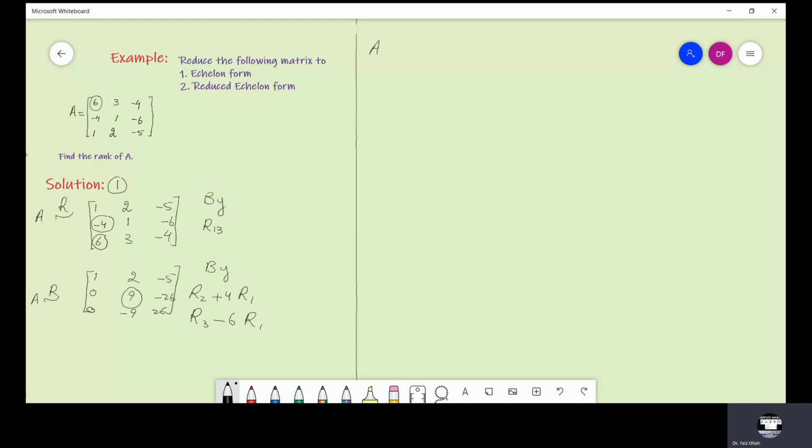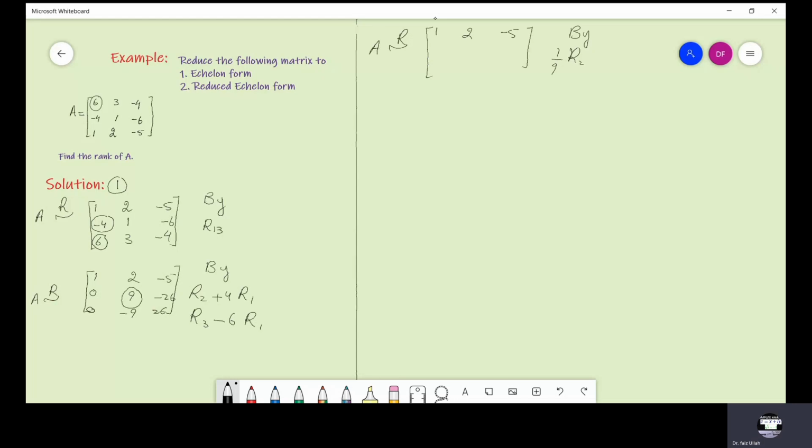So by the row operation, we can just divide row 2 by 9 and we get 1, 2, minus 5.